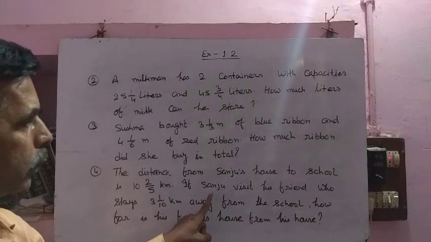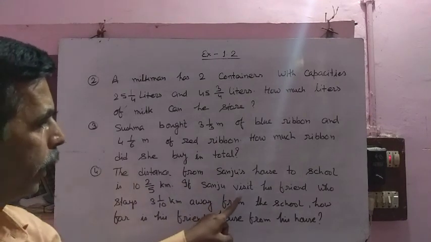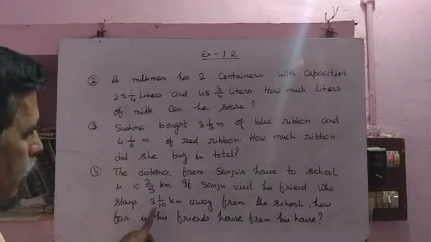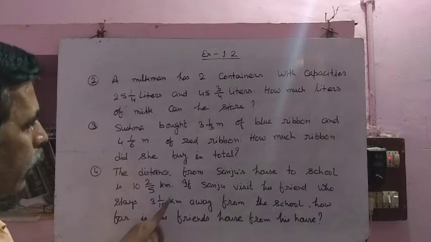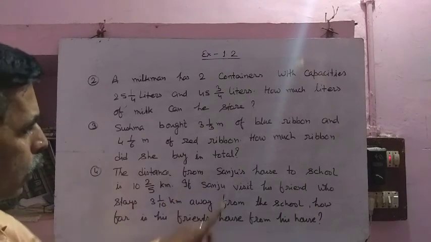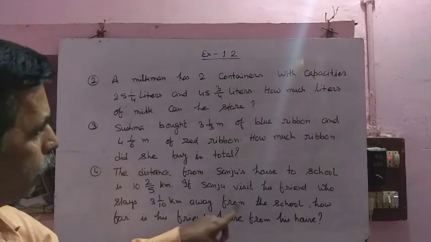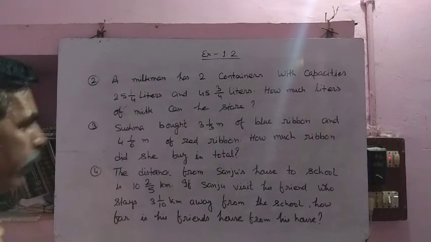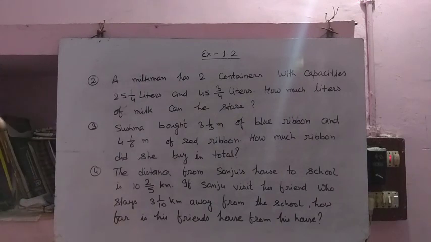The distance from Sanju's friend's house to school is 1 by 10 kilometer. The distance from Sanju's house to his friend's house is equal to 3 by 2 kilometer plus 1 by 10 kilometer. Okay. Write the statement. Okay. These 3 are the homework for you.